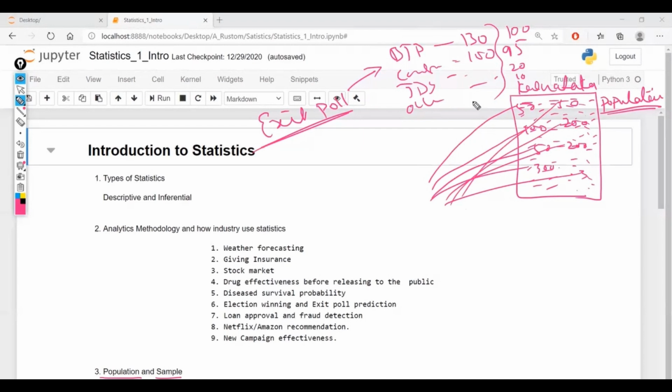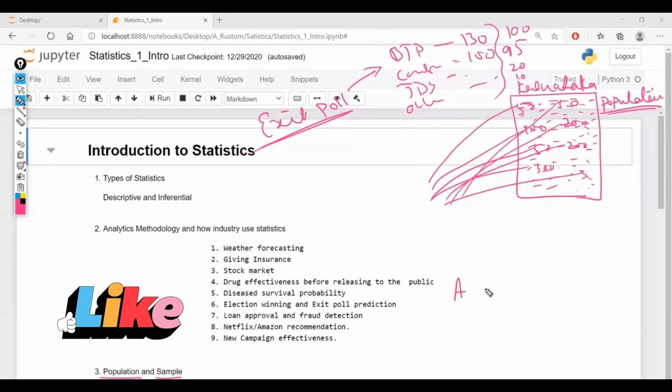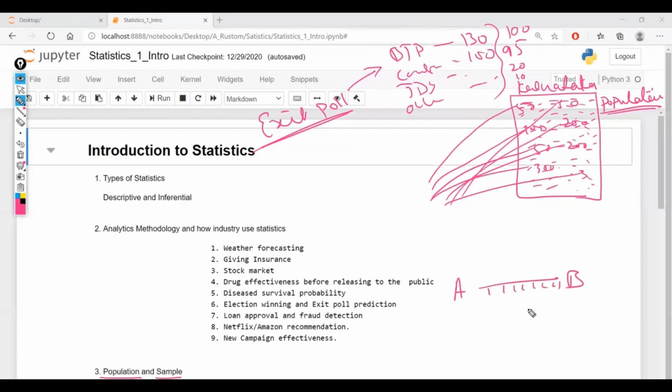I will take the opinion of those people, not only from one place. Just assume that I'm going from city A to city B. On the way, we'll find so many places, villages, talukas, or anything. There I will pick some 10 people, here 20 people, here 30, here 5, or here 100.